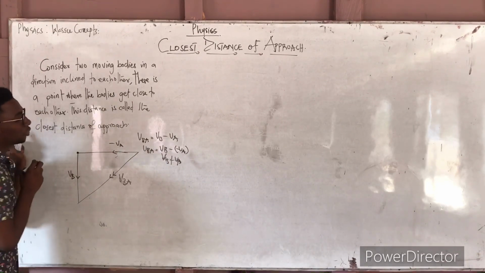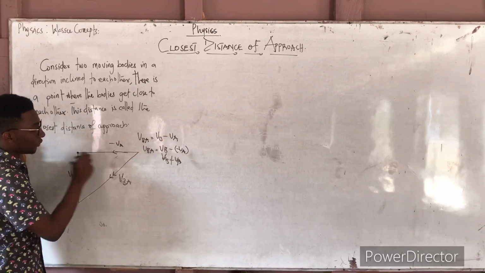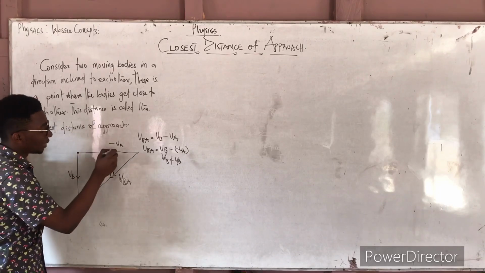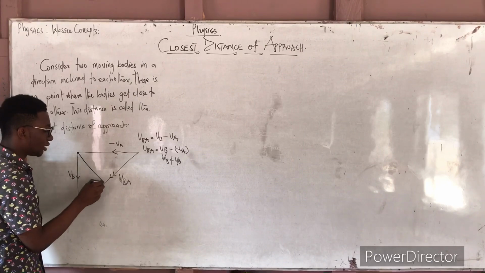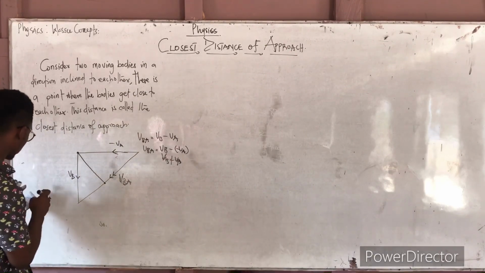Now when you draw this resultant vector over here, that is the VBA, from the point where the two inclined bodies started from, you can draw a line to meet the hypotenuse over here.